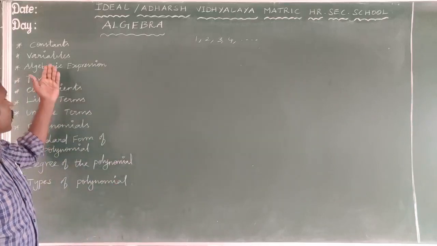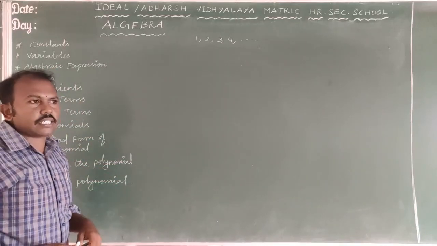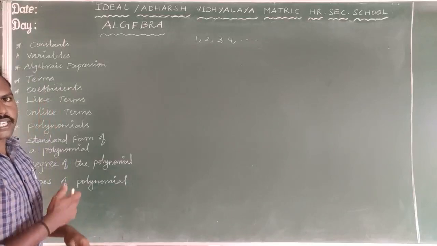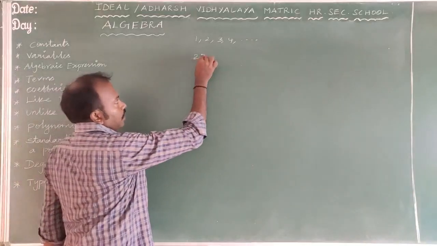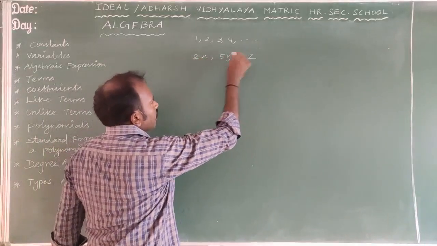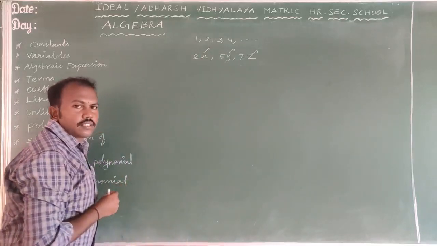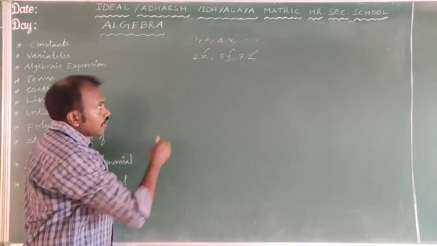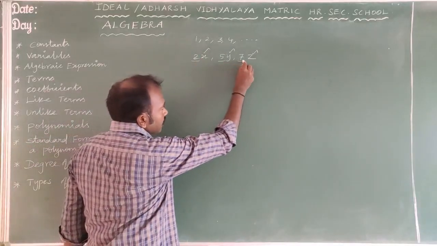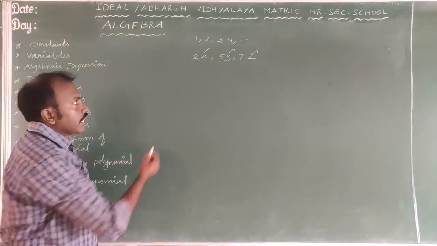Next one, variables. The letters in the expression are known as the variables. For example, 2x, 5y, then 7z. Here x, y, z are all variables. Then 2, 5, 7 are all numerical values.